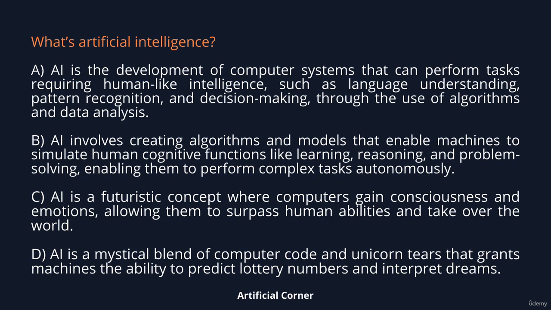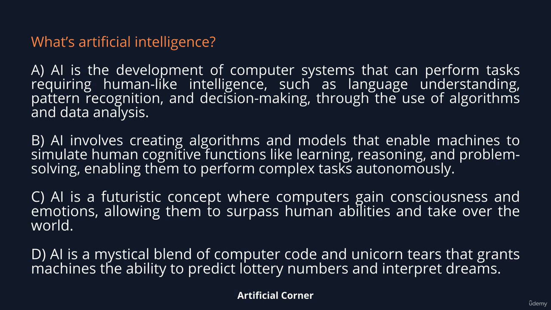And the outputs are, first, A: AI is the development of computer systems that can perform tasks requiring human-like intelligence, such as language understanding, pattern recognition, and decision-making, through the use of algorithms and data analysis. That is a good answer.